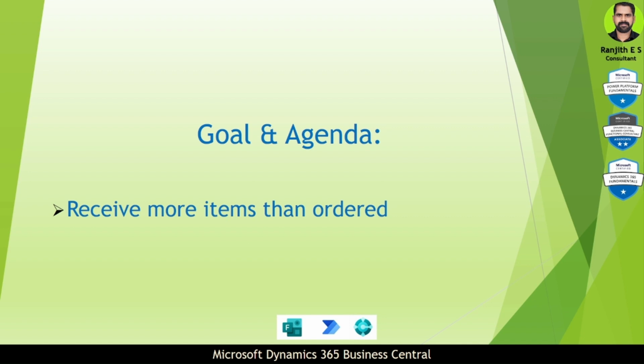This will be helpful rather than repeating the longer process of creating your purchase order and getting approval for those purchase orders to receive that higher quantity. So it is very simple in Business Central. Now we can receive more quantity than you ordered in the purchase order.